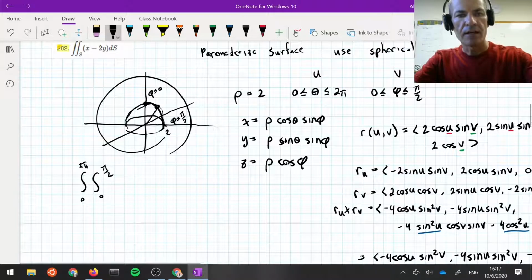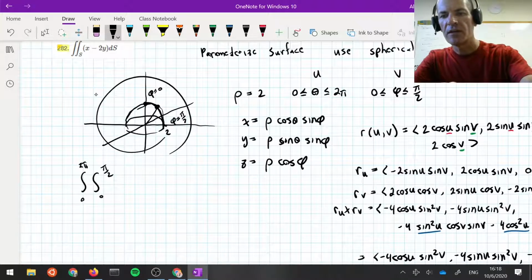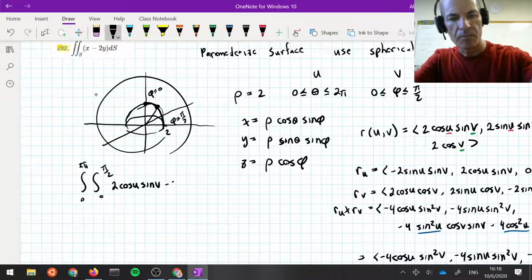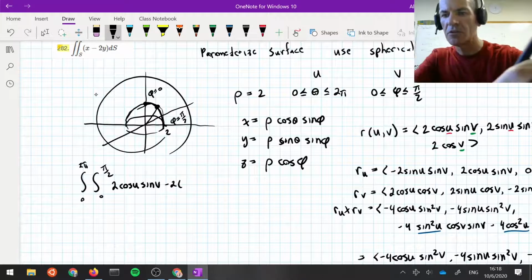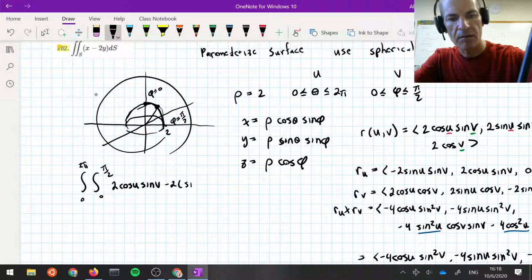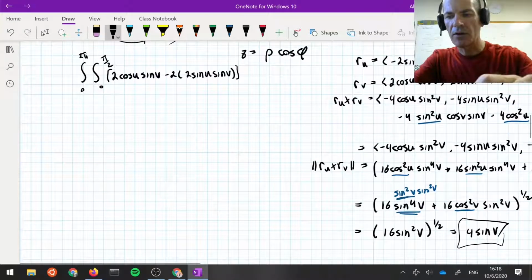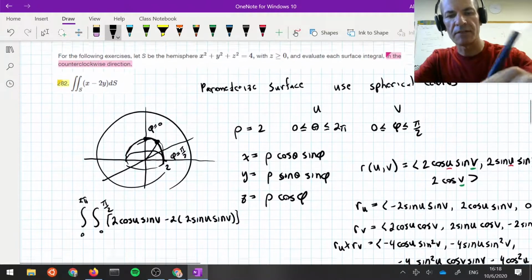And then we take x minus 2y and express it in terms of the parameterization. x is 2 cosine u sine v, minus 2y. y is 2 sine u sine v. All of that is multiplied by the magnitude of r_u cross r_v, which we determined was 4 sine v.